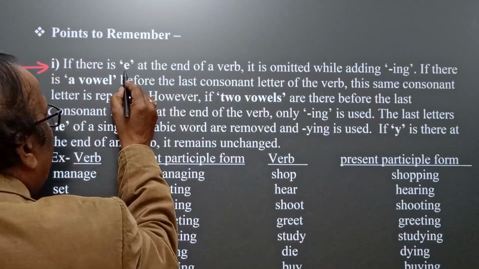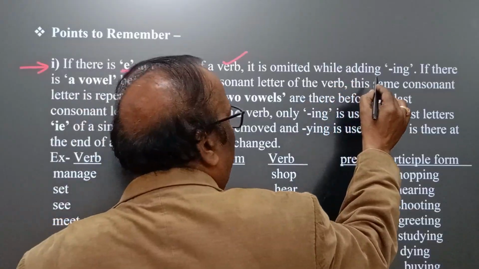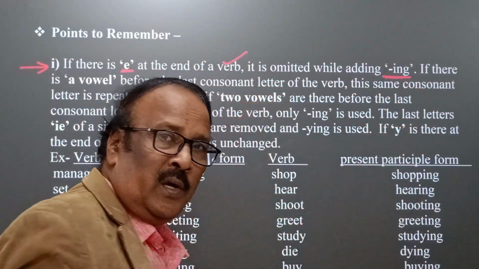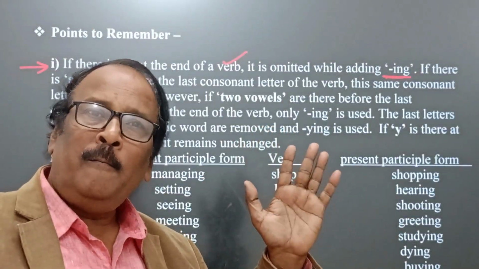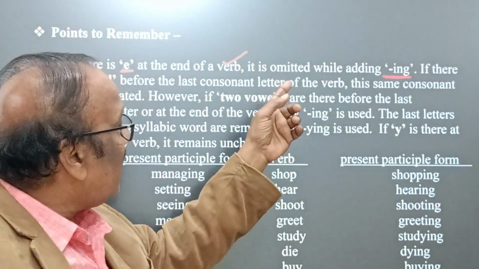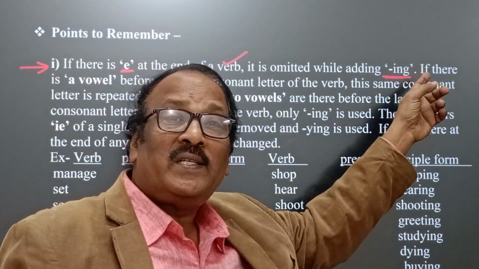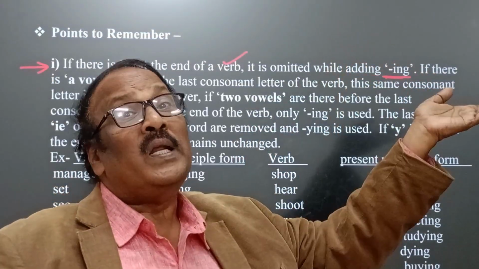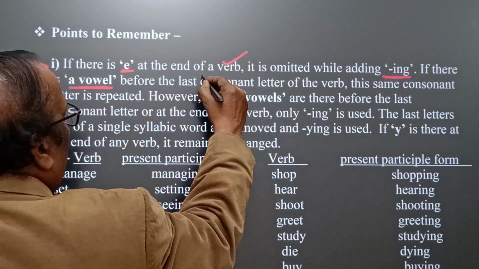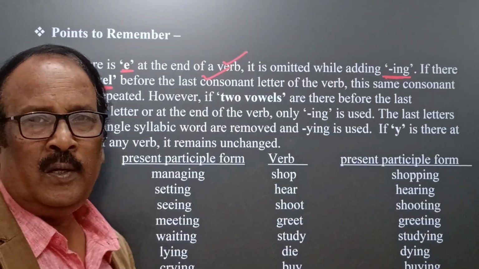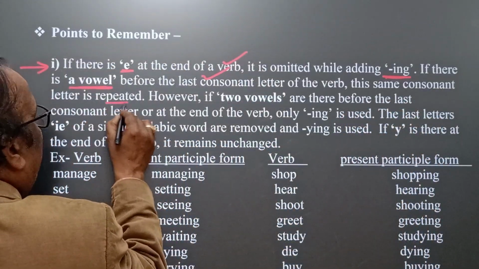First, if there is E at the end of the verb, it is omitted while adding ing. Naturally, whenever there is E at the end of any action verb, in that case that E is omitted and the ing suffix is used to make a present participle. If there is a vowel before the last consonant letter of the verb, then the same consonant letter is repeated.